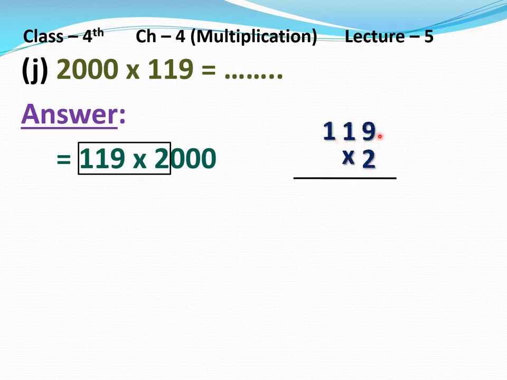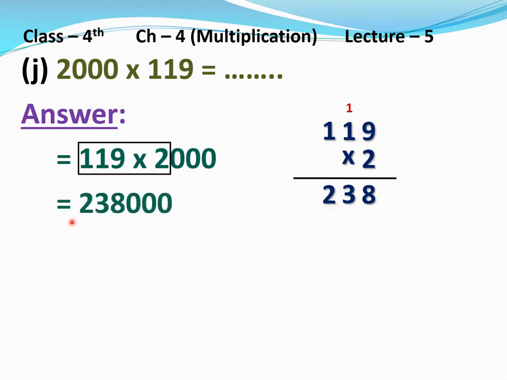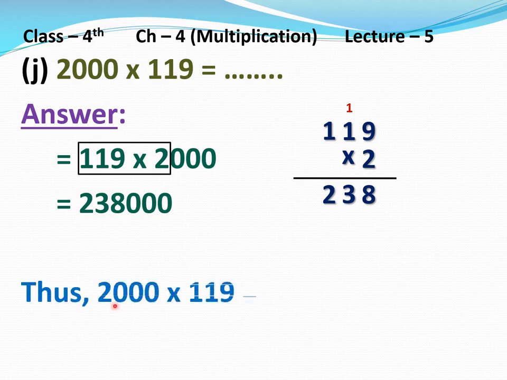See, 2 nines are 18, write 8 here and 1 carry. 2 ones are 2 plus 1, 3, write 3 here. 2 ones are 2, write 2 here. 119 multiply 2 equal to 238 and then place 3 zeros to the right side of the product. Clear? So write down equal to 2,38,000. Now write down, thus 2000 multiply 119 equal to 2,38,000. Clear?